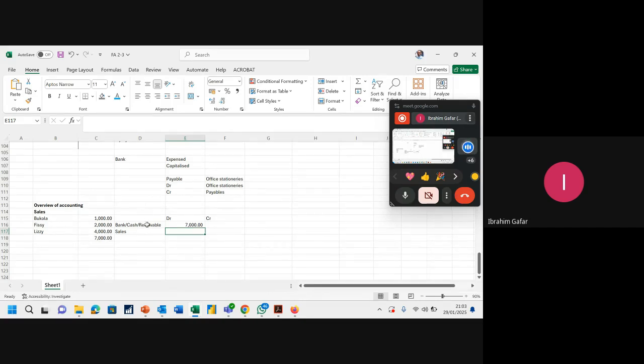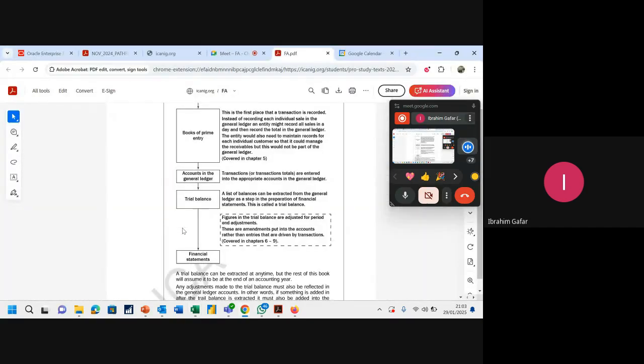Let's assume they bought it on credit, that means you're putting it in accounts receivable. But if they paid instantly, you still debit it to your bank or your cash. Then you have your sales, which will then be credited, right? So that's what we mean by accounts in general ledger. Then we have the trial balance.